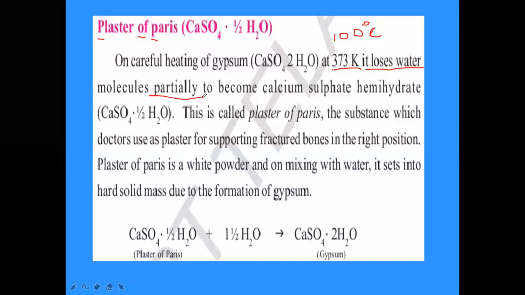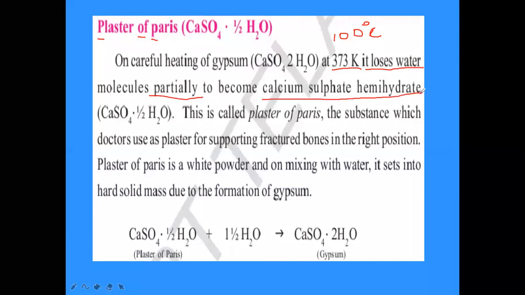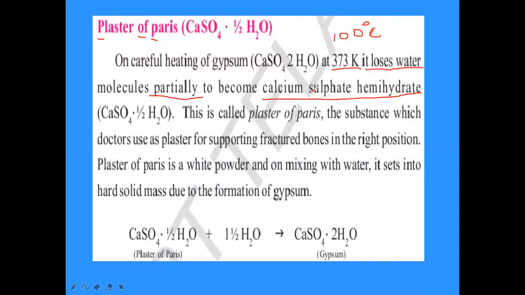So the gypsum, calcium sulfate 2H2O, loses water of crystallization partially to become calcium sulfate hemihydrate. Hemi means half. So calcium sulfate hemihydrate is formed. This is called plaster of Paris.